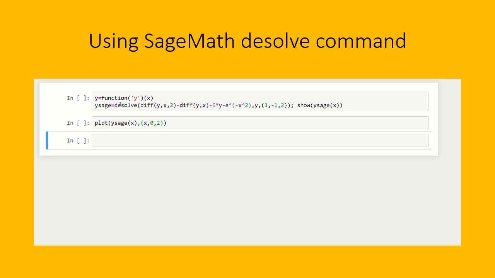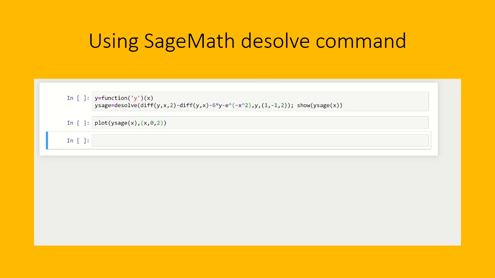So I have y_sage equals dsolve, and then in parentheses, the second derivative of y with respect to x minus the derivative of y with respect to x minus 6 times y minus e raised to the minus x squared power, and remember this equals 0. Solve it for y, and for the initial conditions, y of 1 is minus 1 and y prime of 1 is equal to 2. We'll show what y_sage looks like, the solution that SageMath computed.